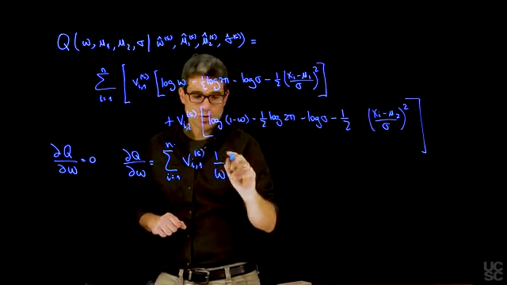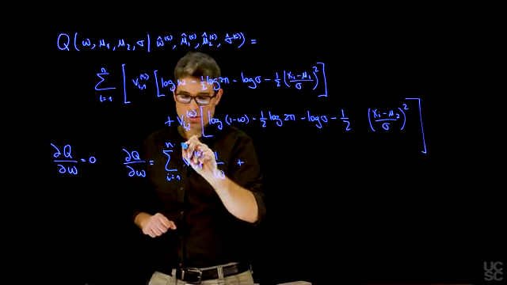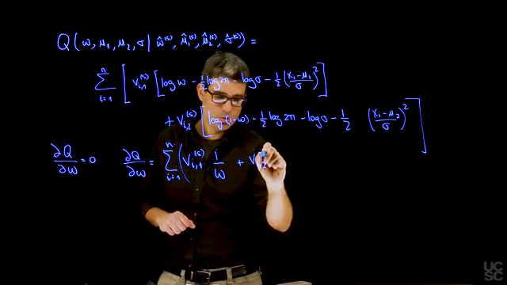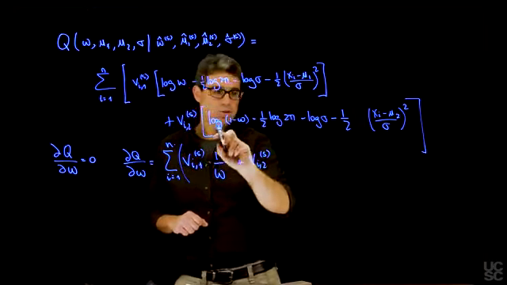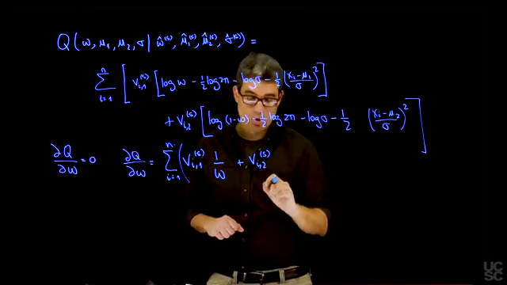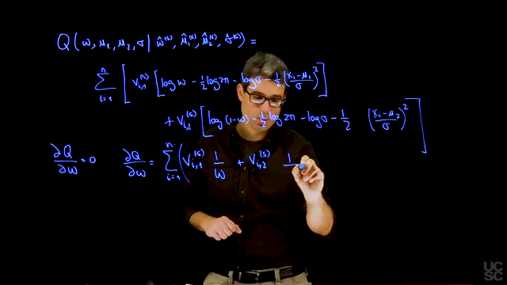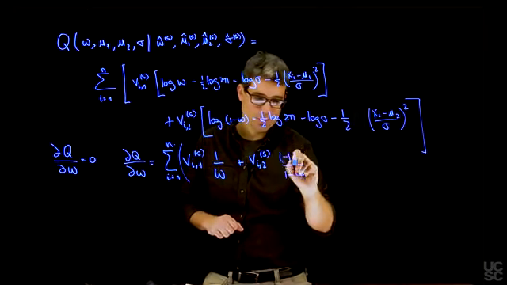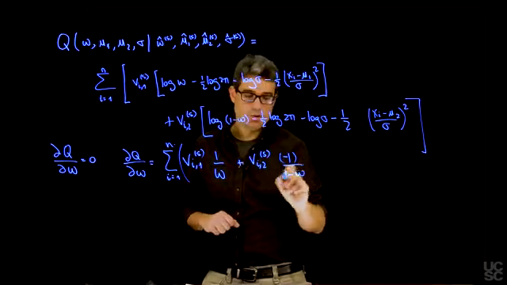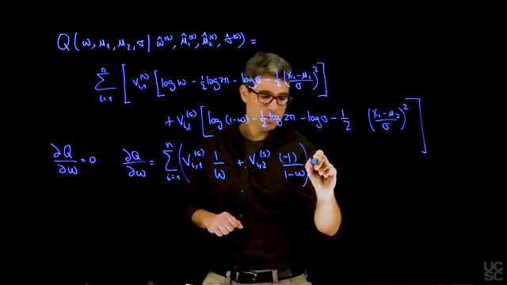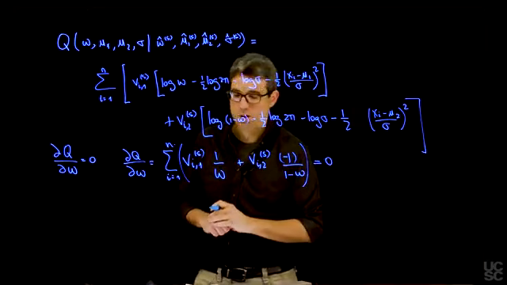And then when I go to the second piece, I'm going to get bi2 of s. And again, the derivative of this is the derivative of the log of 1 minus omega, which is 1 divided by 1 minus omega, multiplied by a minus 1 because of the internal derivative here. And so I need to make this quantity equal to 0.